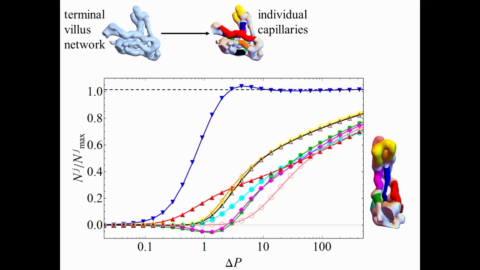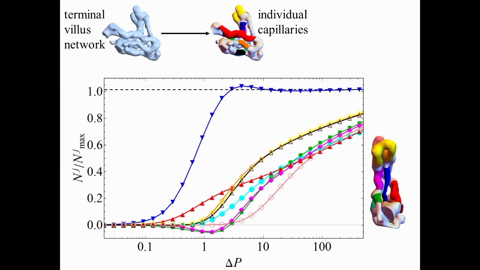Okay, so everything I've said so far is about transport at the level of a network of a terminal villus. I've in fact compared different terminal villi. But what we can also ask is, what does the transport scaling look like when you zoom in on a network and look at individual capillaries like this?